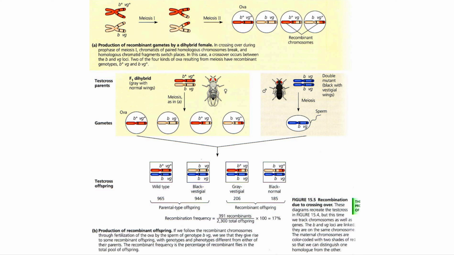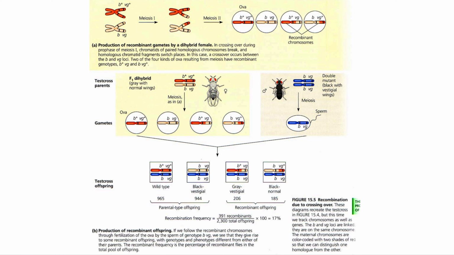What we see instead is that the vast majority match their parents. Either they're wild type, they have gray bodies and regular wings, like the mother, who passed on the dominant alleles, or they're black-bodied with vestigial wings, like the father. Remember, this is technically dihybrid.